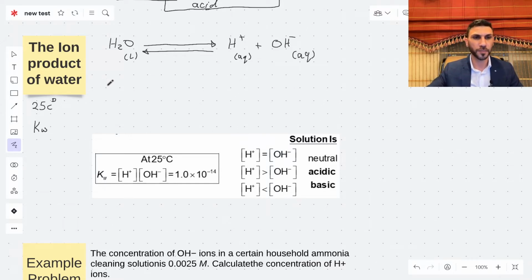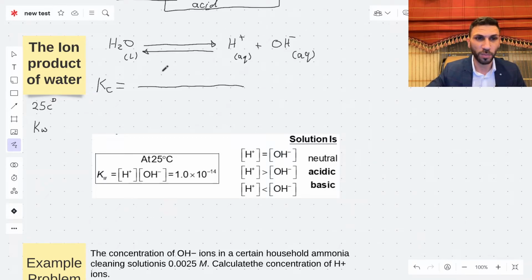All right. Now, if you remember, we have the Kc for the reaction, and Kc equals the product of the products, each one to the power of its number of moles in the balanced equation, divided by the concentration of the reactants.